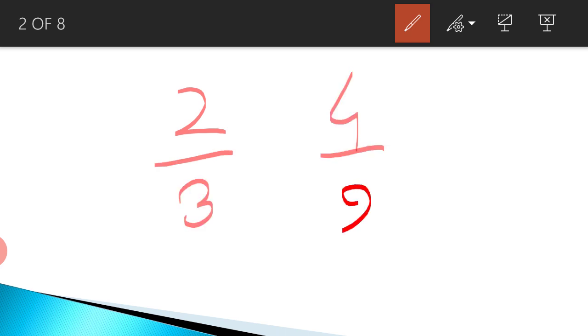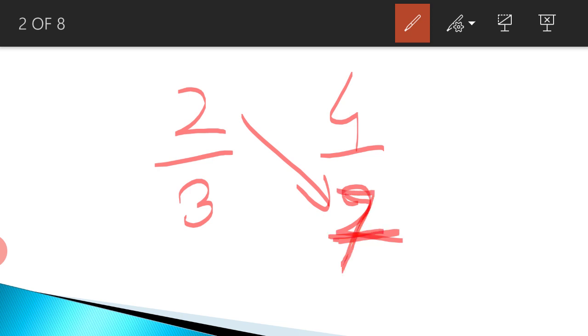The other method was cross multiplication. What we used to do was take the cross product. Cross product means numerator of one times denominator of the second. The direction should be mentioned. First you have to come downward, numerator of first and denominator of second. Here it should be 7.